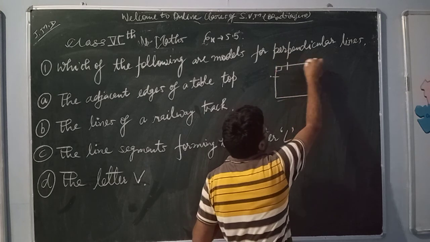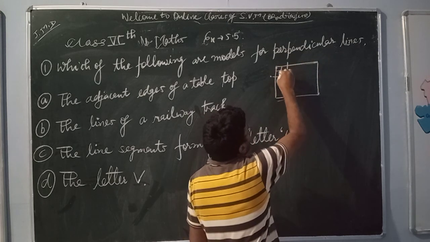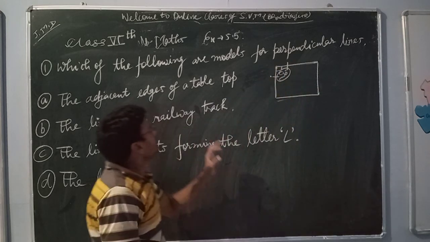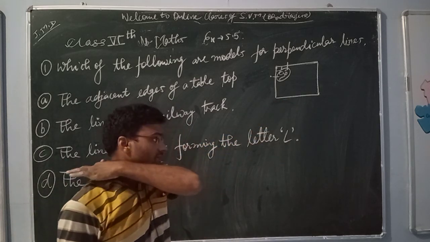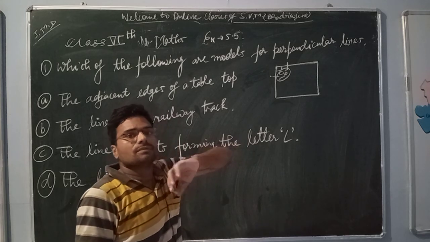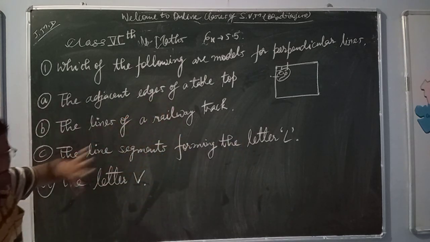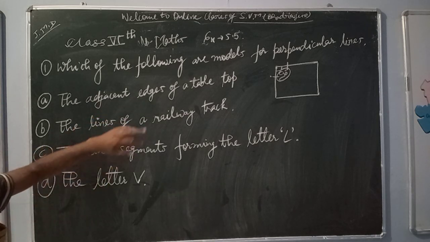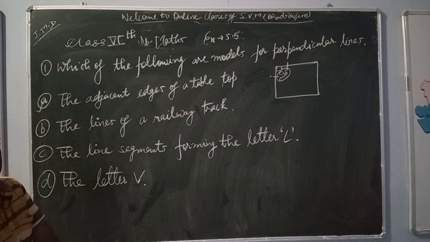These two lines, which are adjacent edges of the top of the table, and here the angle is 90 degrees, so we will say that this is a perfect situation for our adjacent edges to make perpendicular lines. Okay.